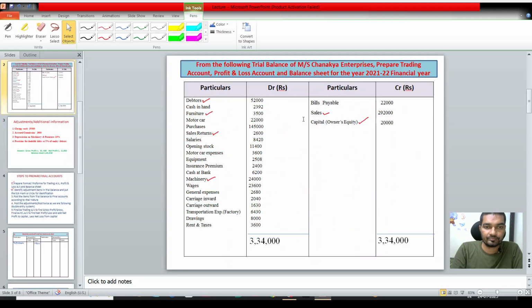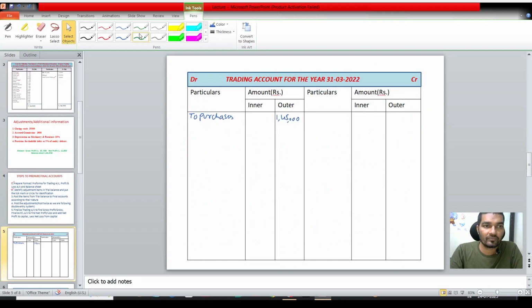Next one, sales returns. So always sales returns will be subtracted from sales. So sales amount is 2,92,000. So from that we need to subtract 2,600. First we enter sales amount 2,92,000, trading account credit side. By sales 2,92,000.